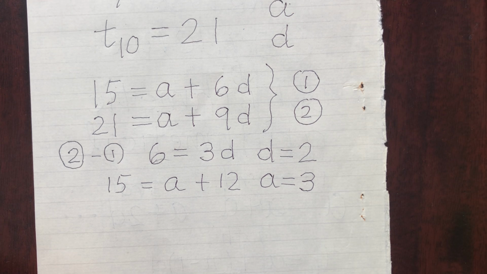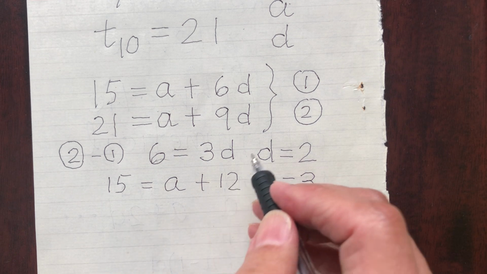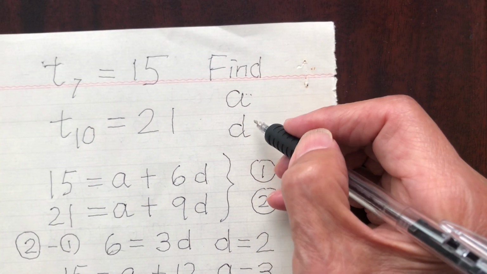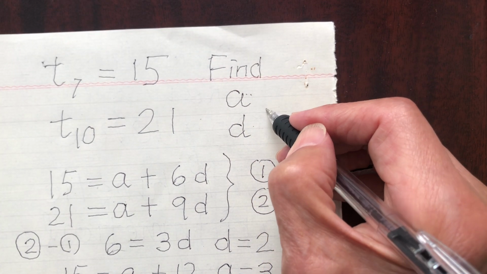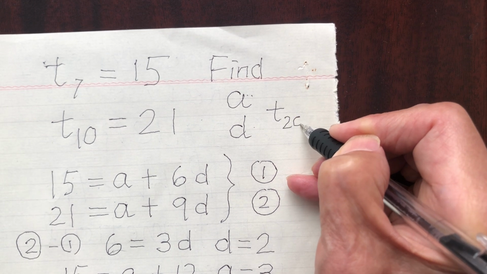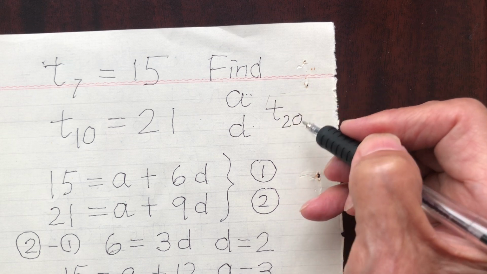If I want to ask one more question, what is T20? Suppose I want another. So find first term, common difference, and also find the 20th term. Suppose I want this as well.